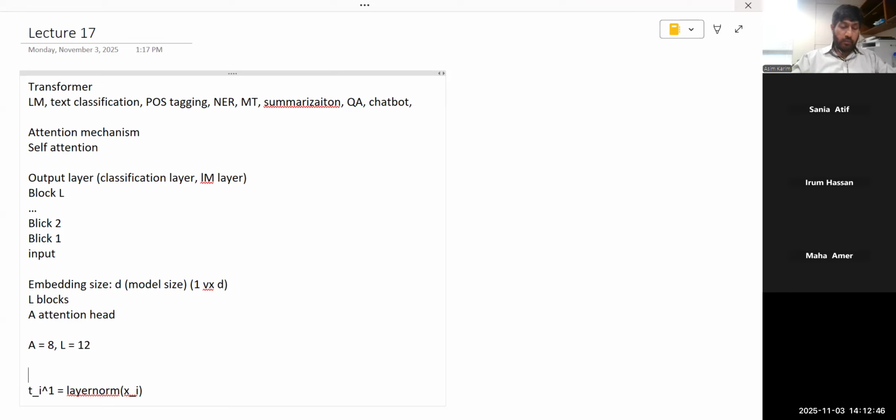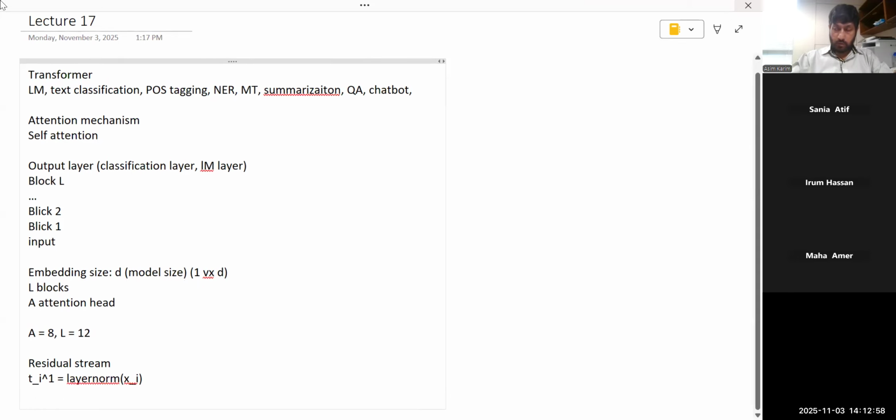Okay, so we are coming back to the residual stream. So this is the first component of the residual stream within a transformer block. The second, Ti2, is basically the multi-head attention, and this takes in as input all the T's for all the tokens.